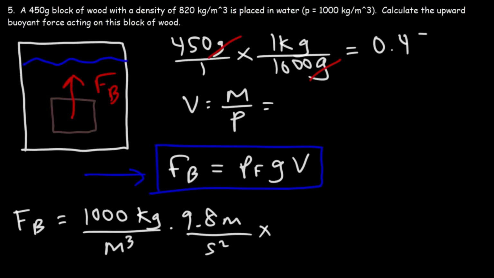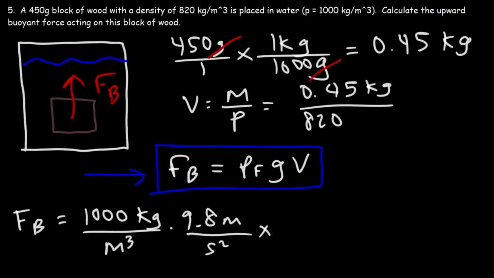So 450 divided by 1,000 is 0.45. So the mass is 0.45 kilograms. The density is 820 kilograms per cubic meter. Now the unit kilograms will cancel, and so we're going to get the volume in cubic meters.